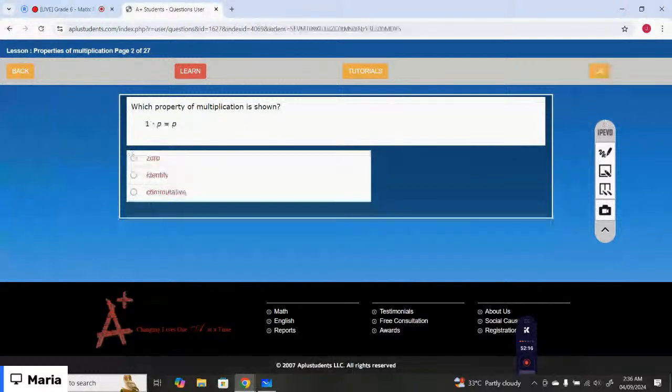Okay, the next one is which property of multiplication is shown? 1 times p equals p. So which is the correct option?